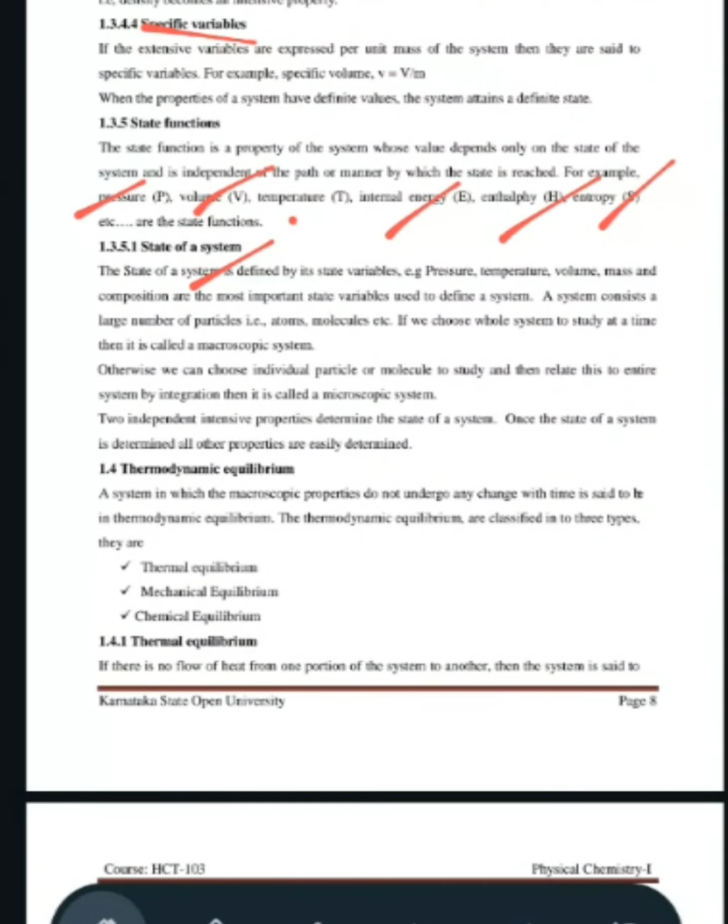These are the variables, how they can be varied, and intensive variables, extensive variables, also with respect to state variables. And coming to the state functions, for example, pressure, volume, temperature, internal energy, enthalpy. The state function is a property of the system whose value depends only on the state of the system.